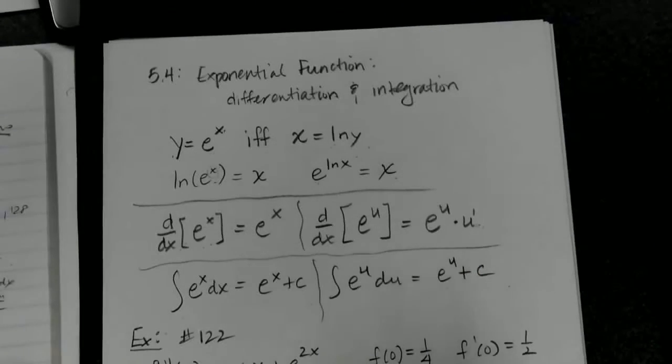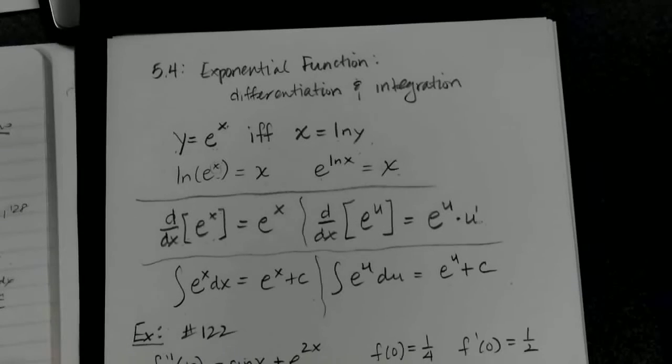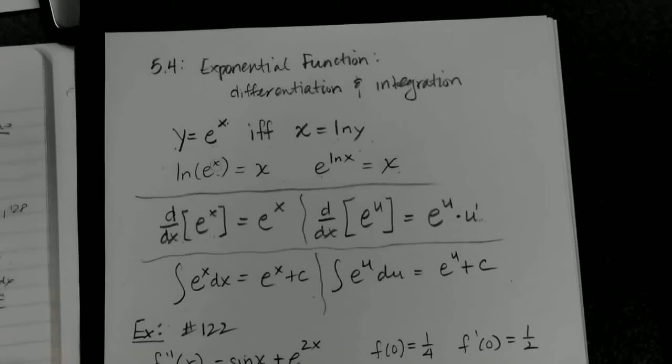So what I'm going to do is use example number 122 in section 5.4, and we're going to find a particular solution, f of x, for this function, which is the second derivative of f of x. So remember, we are going to integrate this.